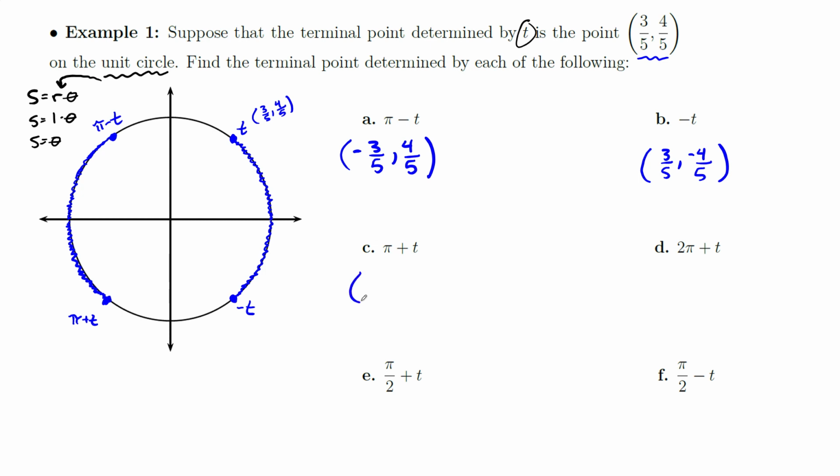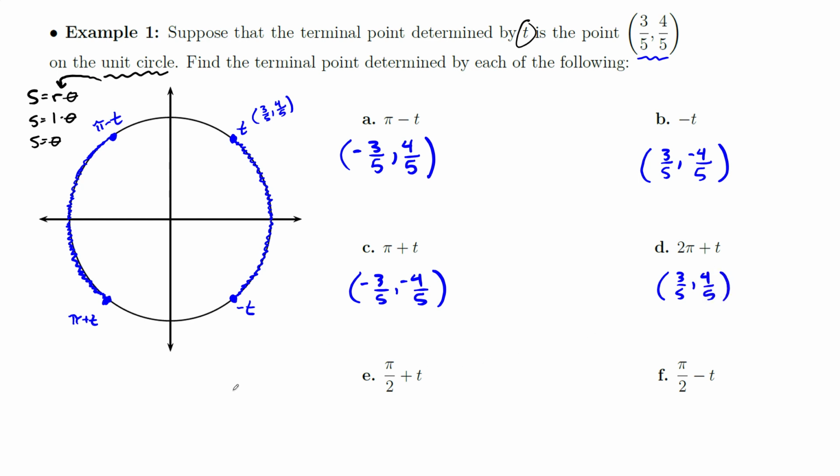So I would say this is negative 3/5, negative 4/5. 2 pi plus t: well, 2 pi is once around the circle, so I go 2 pi, and then I go another t, and guess what? That lands me right back to the same place I started, 3/5, 4/5.